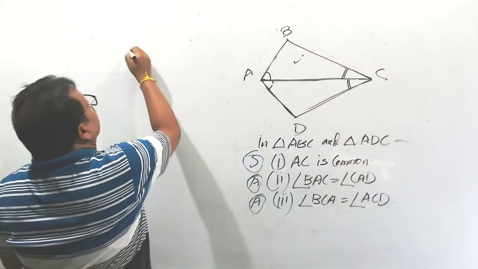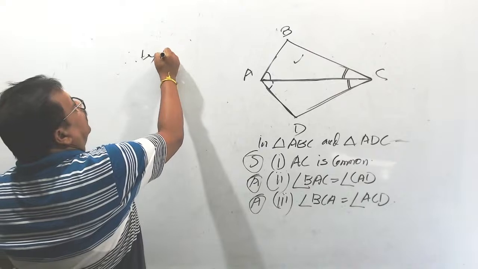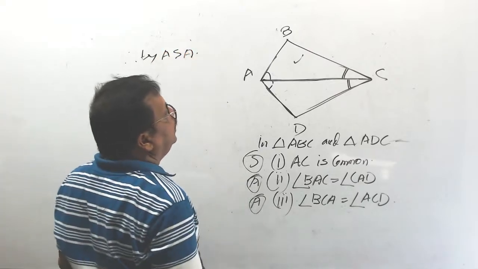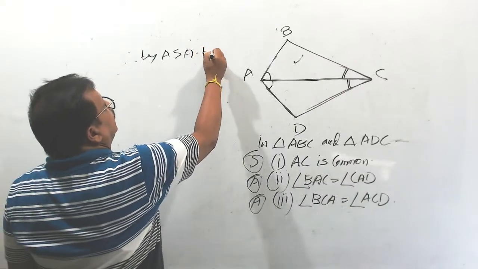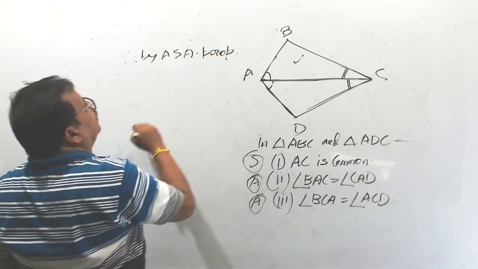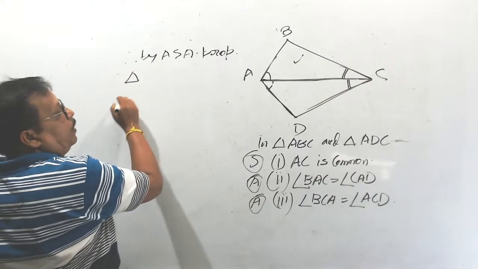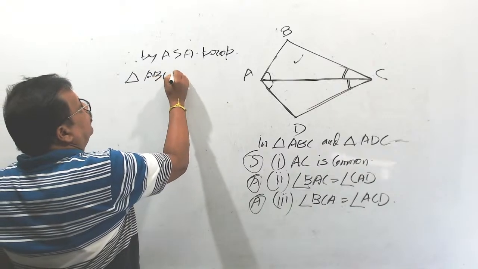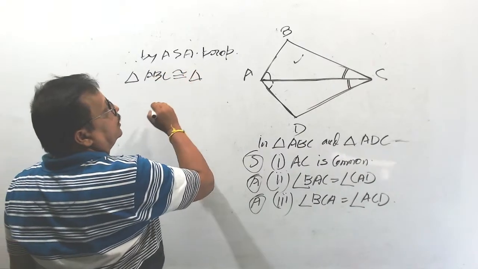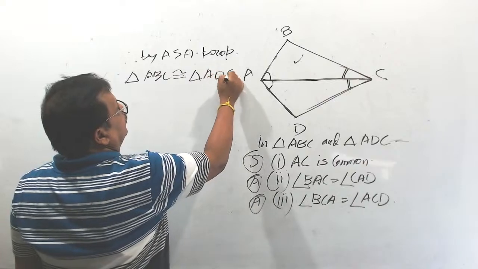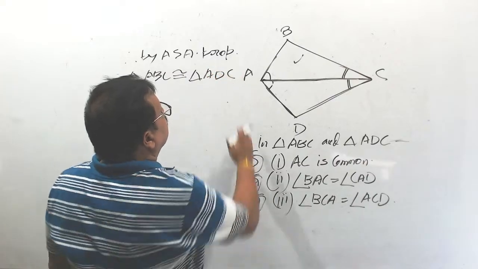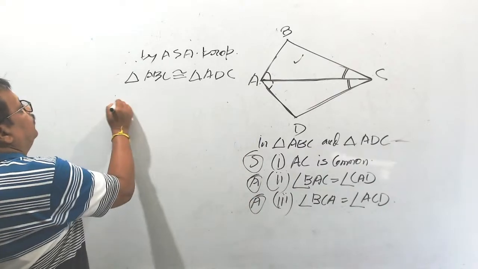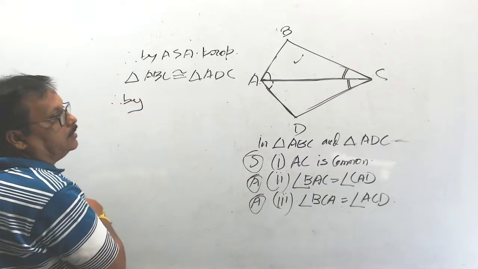Similarly, this is one angle, this is side and angle. So therefore, by angle, side, angle property or criteria, triangle ABC congruent, triangle what? ADC. Okay, ADC. Therefore, by what? CPCTC.